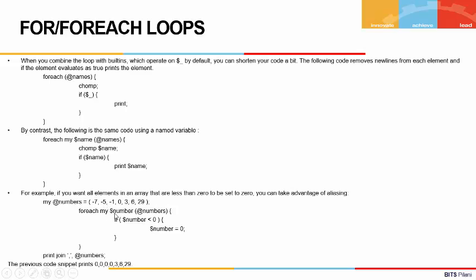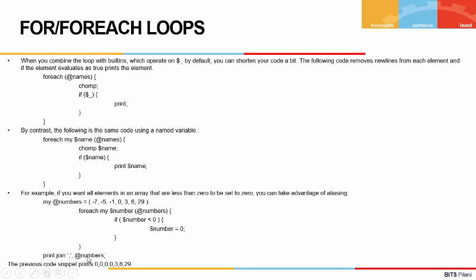For example, you are declaring a variable number and the array for the numbers, and if the element of the array is less than 0, we will check with the condition, and if it is less, then we assign the value 0 to that element, so the element will be set to 0.